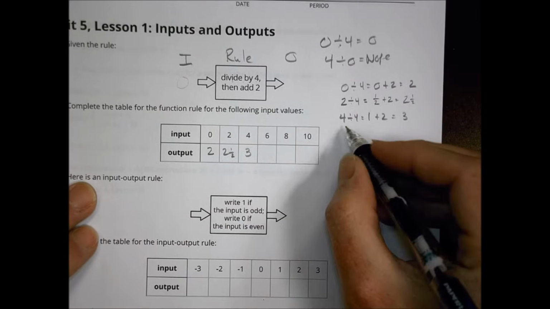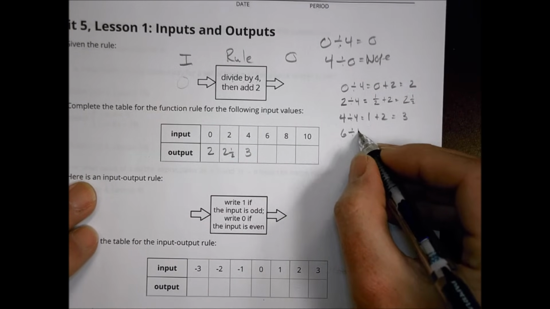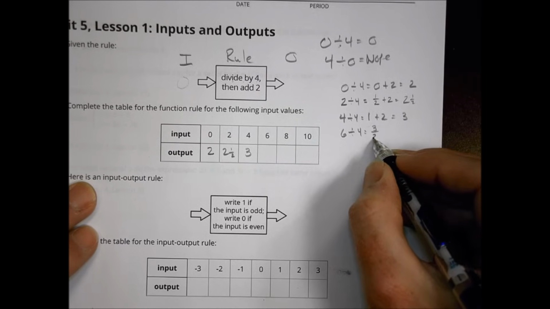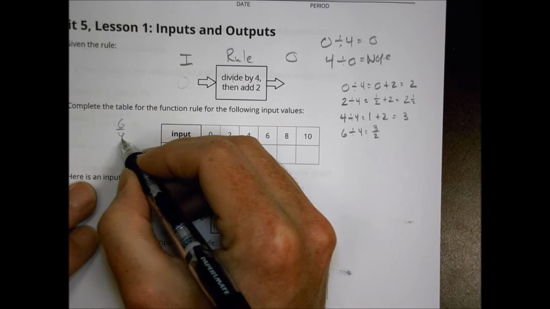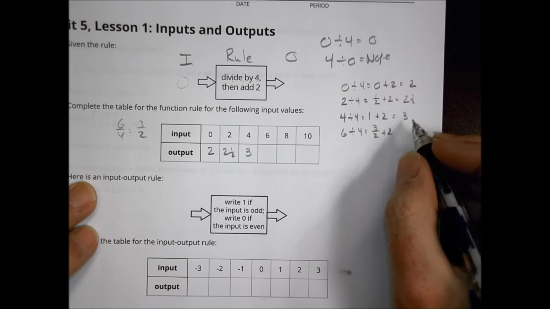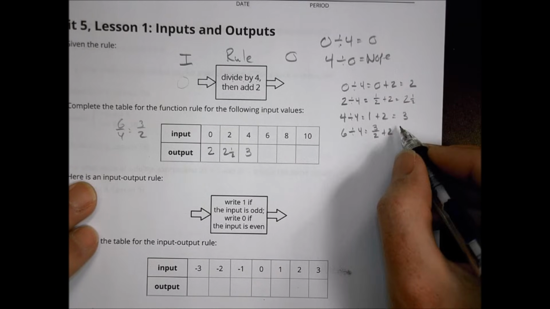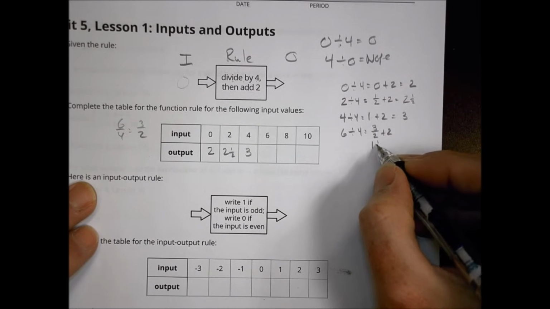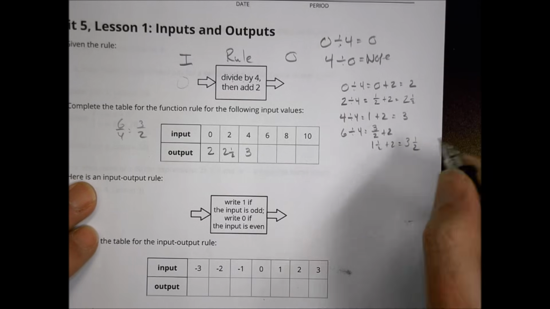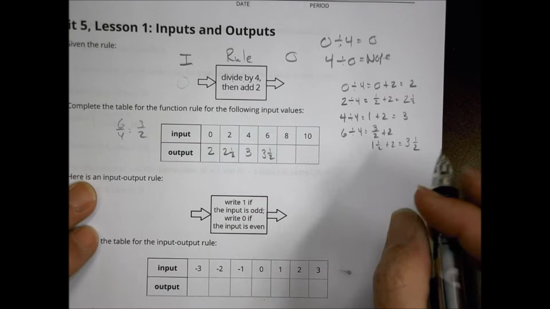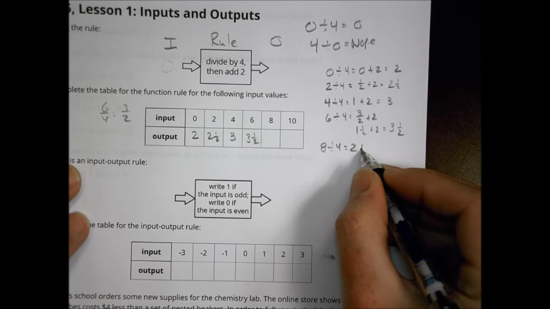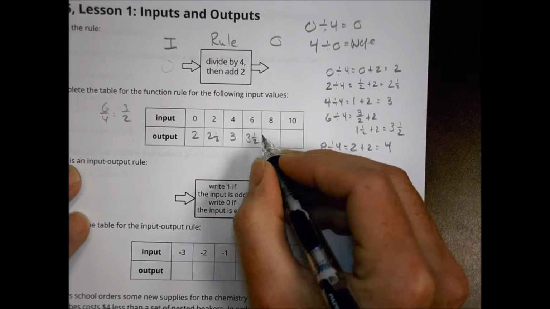For 6, we do 6 divided by 4, which equals, in our case here, 3 over 2, right? Why is that? 6/4 reduces down to 3/2. And then we add 2 to that, and this right here is a 1.5, if I make it a mixed number, plus 2 really becomes 3.5. And for 8, we do 8 divided by 4, which is 2, and we add 2 to that, and so we end up with just a straight 4.